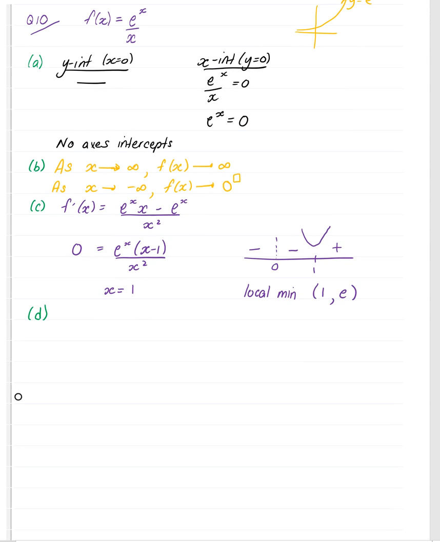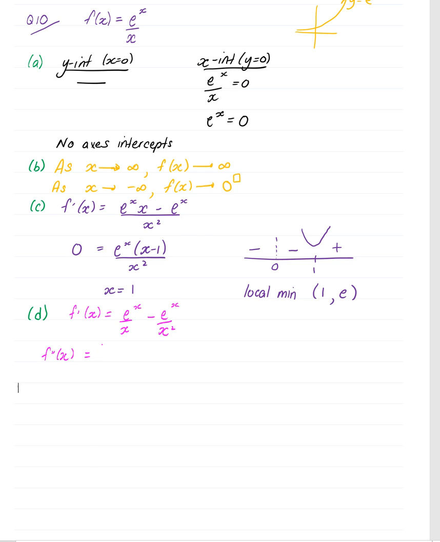The best thing would be to simplify first. We'll just rewrite the derivative. If we divide this by x squared, I get e to the x over x, and so I've just separated that. Hope you agree.